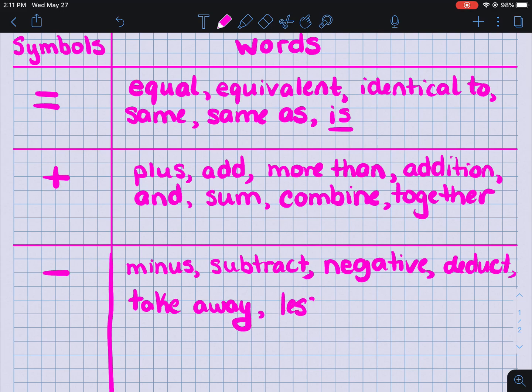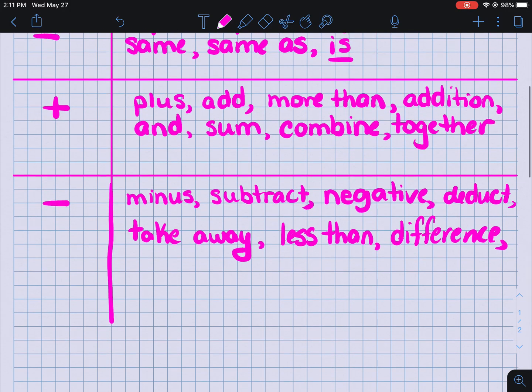Again, doesn't say is less than, just says less than. Difference, reduce, lose, and decrease. Now these are all the words over years I've gathered from a lot of students, so see if you can think of some more.